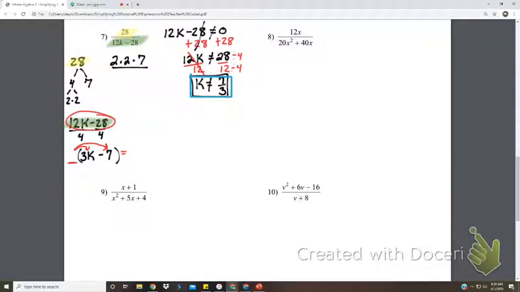So what do we need to multiply 3k by to change it back to 12k? It would be 4. And 4 times 7 would give us 28. So our divided value would be the 3k minus 7. Now the 3k minus 7 won't simplify, but 4 would break down to 2 times 2. So I'm going to go ahead and write this as 2 times 2 times 3k minus 7.